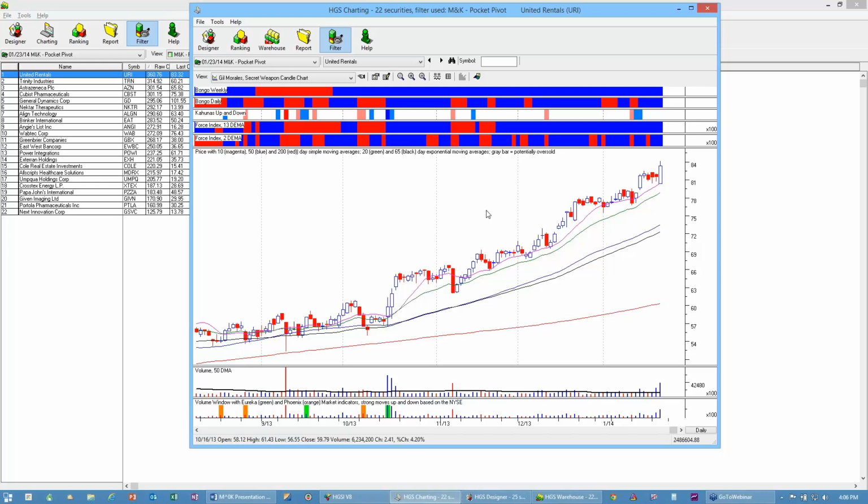Now we have the force indexes once again. This is the force 2. This is a longer term force, the 13. And the way Gil likes to use these two is, the 2 is obviously a much shorter term indicator, and what he pays particular attention to is the 13-day force index, which is the second window up.